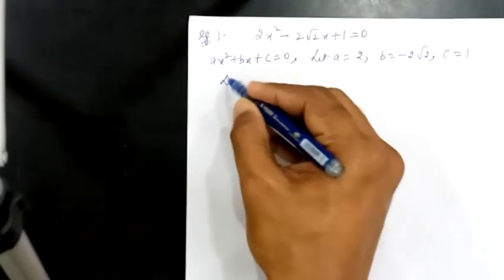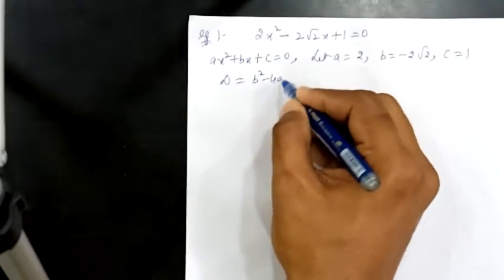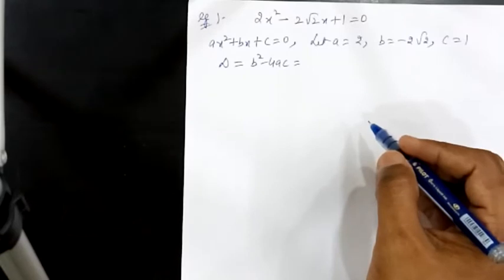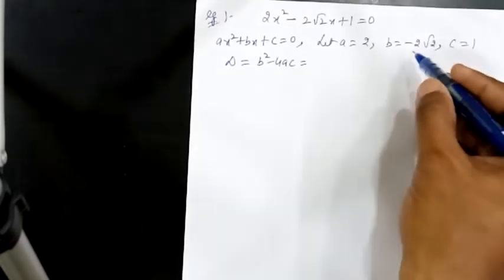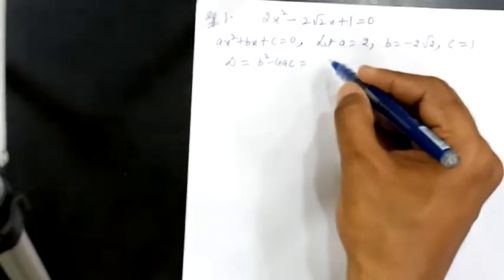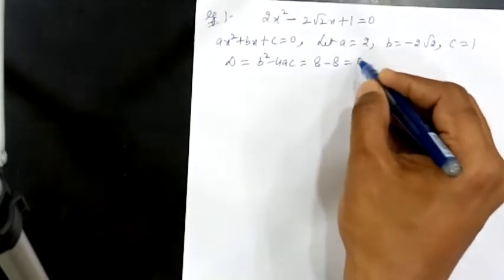First of all find out the discriminant, b square minus 4ac. What will be the value? b is minus 2 root 2, its square is 8. It becomes 8 minus 8, that is 0.